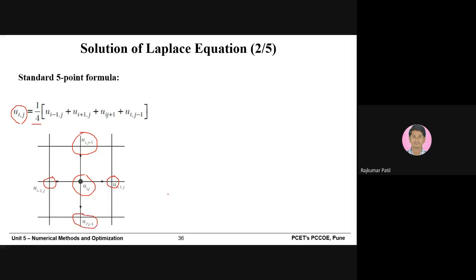When we want to estimate a node, we take the average of the neighbors. Here these are the 4 neighbors, and we simply take the sum of all those nodes and divide it by 4. That is, we take the average. So always remember that when you want to estimate a node value by using the standard 5-point formula, take the average of the neighbors, as you can see in this equation.